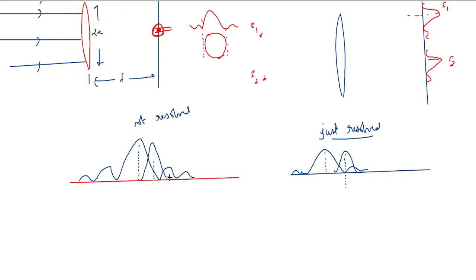Now here the maxima of one pattern, let us call this due to star S1, this due to star S2, same here due to star S1 and S2. Now the maxima of one falls within the maximum of the other. This is the entire range of it. It falls within that range. In that case, it is not resolved.